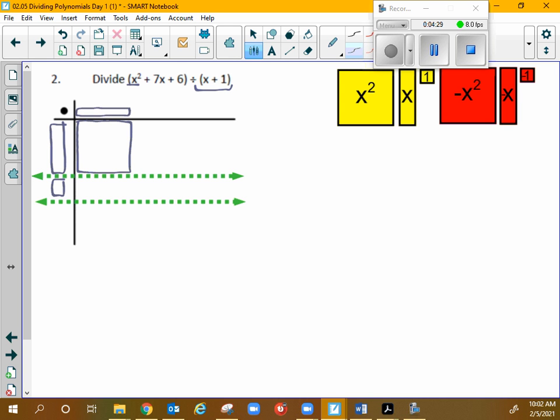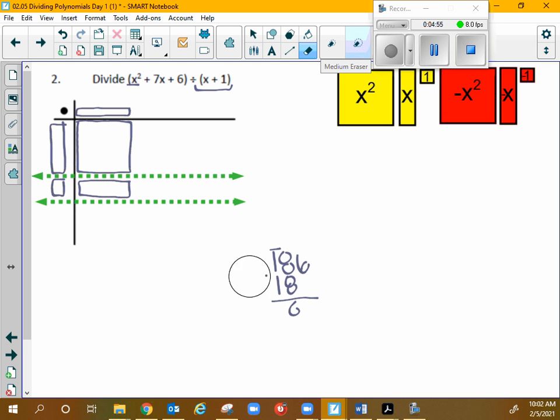With that, just like if you were doing 186 divided by 3, what would the first things you would do be? 3 goes into 18. 6 times, and 6 times 18, 0. What's x times 1? X. I have something created from multiplying from my first step.